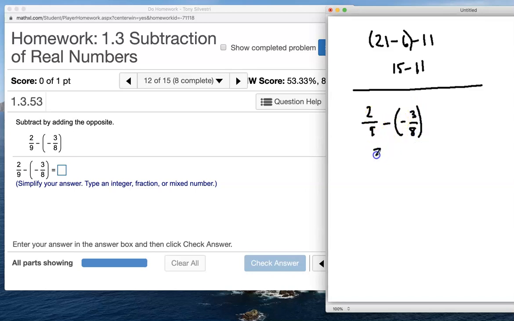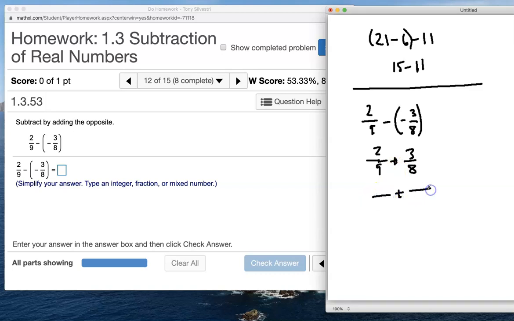Add the opposite. Okay, we'll do 2/9 plus 3/8. And we can't do that because the denominators aren't the same, so let's make them the same. So what would be the smallest number that 9 goes into and 8 goes into evenly?